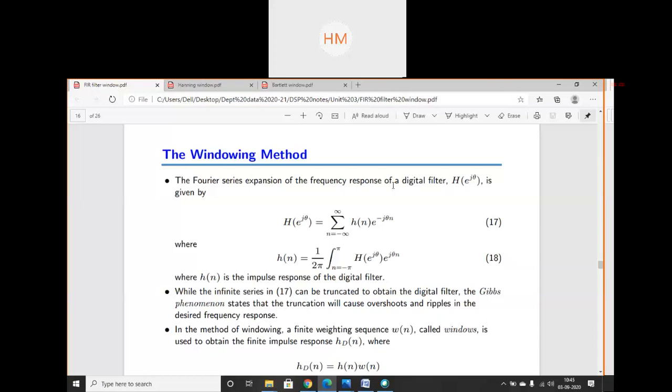So here we are truncating the sequence by using the window method. What do you mean by window? We all have a small window in our house. From there we get ventilation, we get air. But that is restricted to that area only.